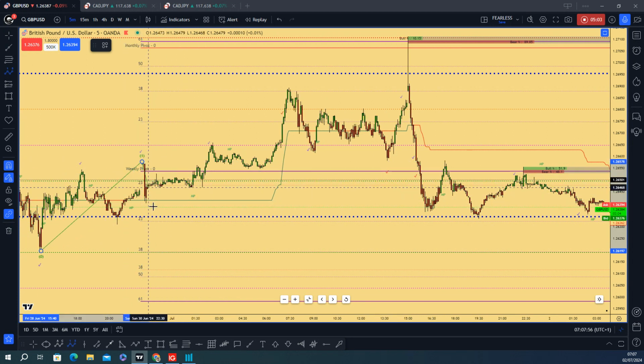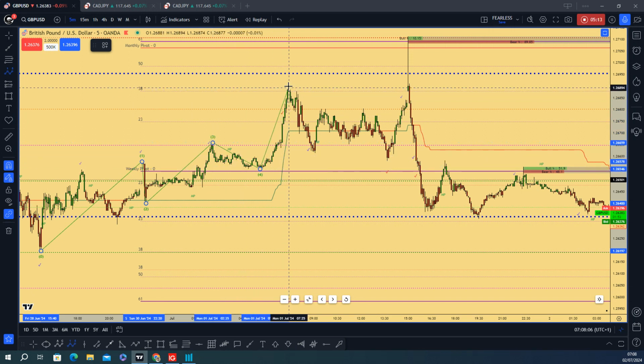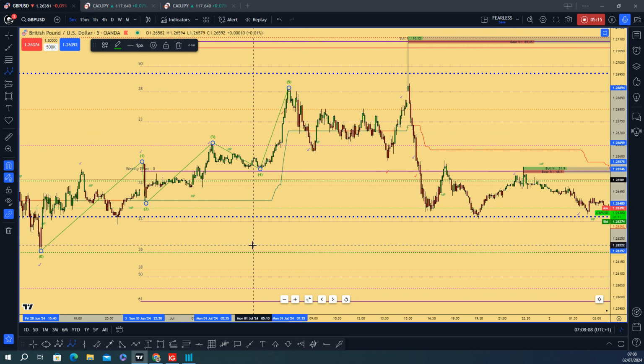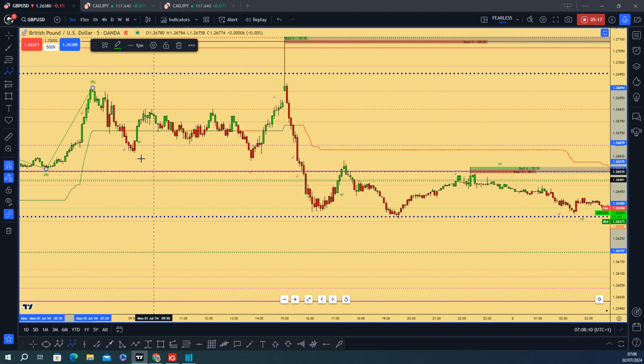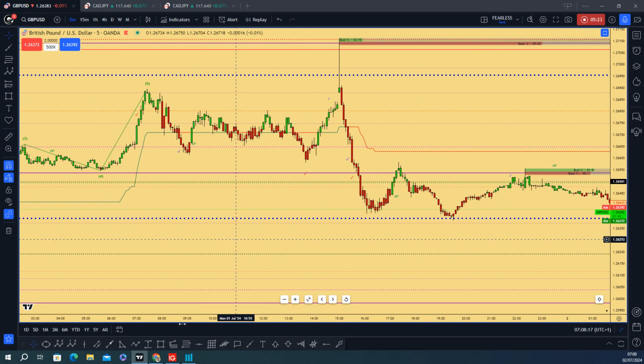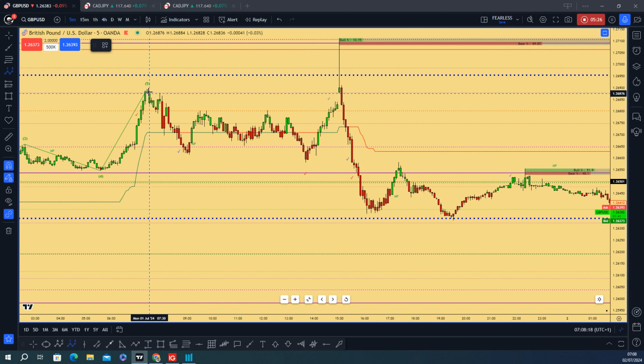So that is 1, that is your 2, that is 3, that is 4, and that is 5, followed by the correction. As you can see, we had a nice correction there. So this is what we have.